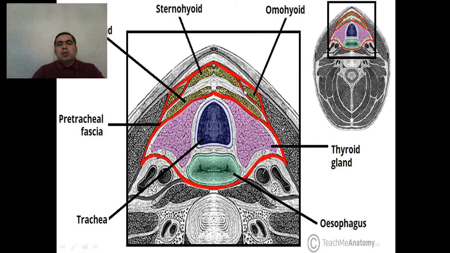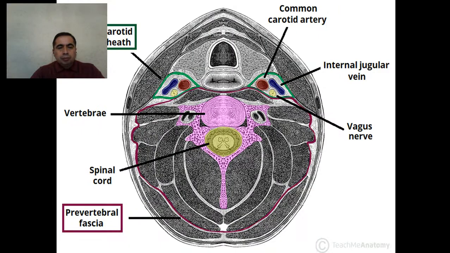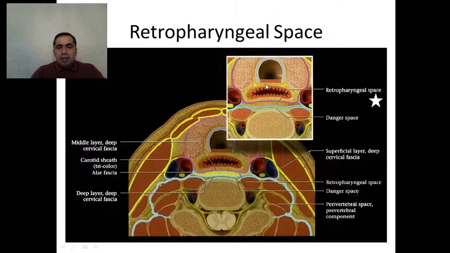Both omohyoids have a more lateral position. Carotid sheath, again, prevertebral fascia, it is attached to the cervical vertebrae. The vagus nerve, the spinal cord, again, internal jugular vein, common carotid artery, again.